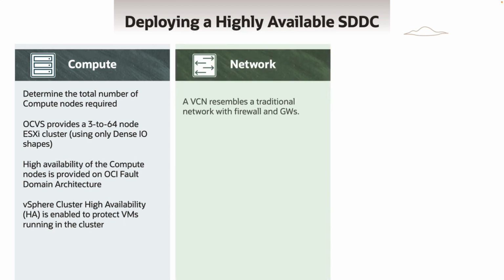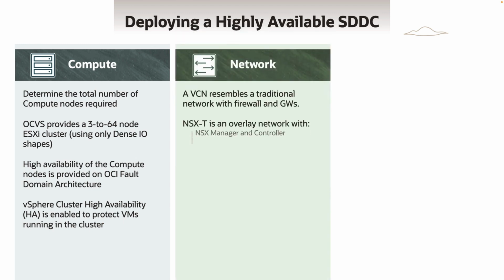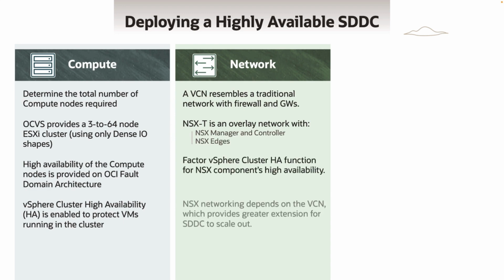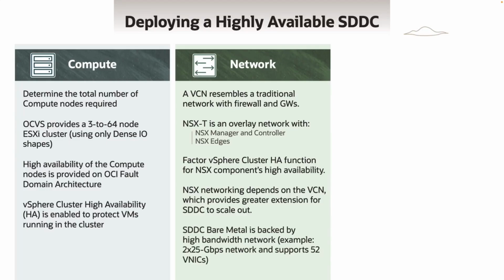A VCN represents a traditional network with all the firewalls and gateways, and that is the underlay network for your SDDC. NSX-T is the network deployed on top of the VCN, which we call the overlay network, and it has a few components installed as part of SDDC provisioning.